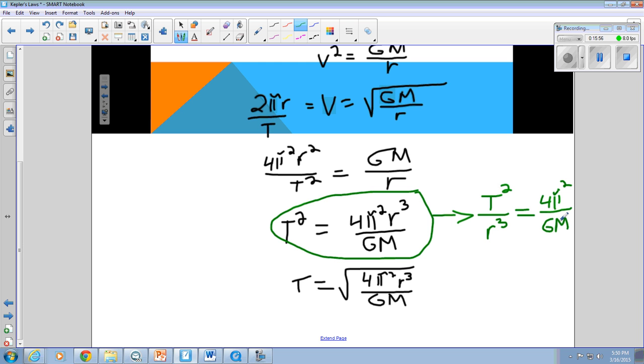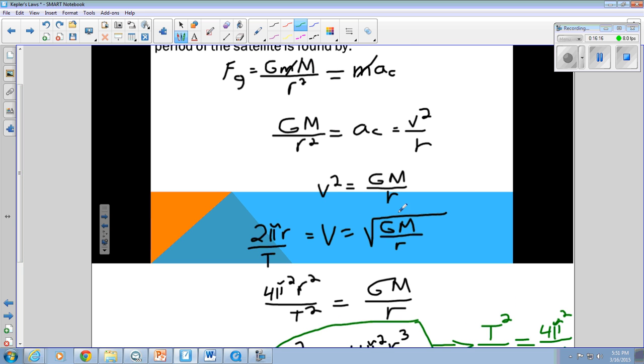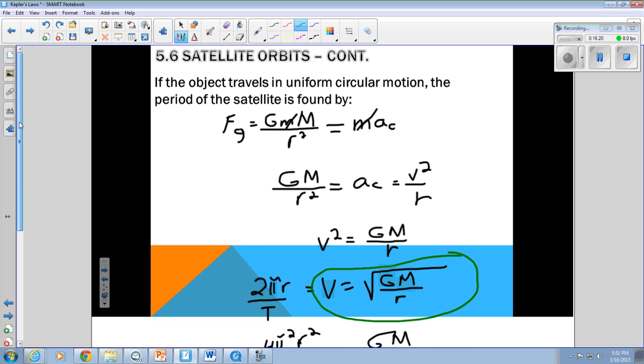The period squared over r cubed is equal to some constant, which goes back to Kepler's third law. This formula here will work for periods for any satellite orbiting a larger body. So will this velocity, as long as you're staying consistent with the radius between the two objects and the planet or sun that you're orbiting.